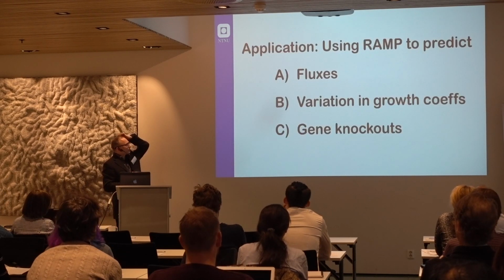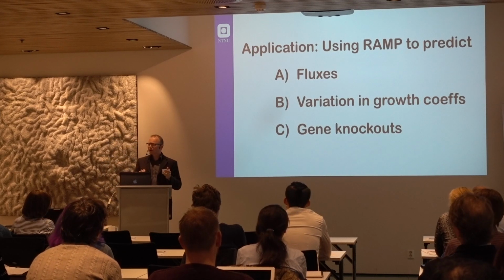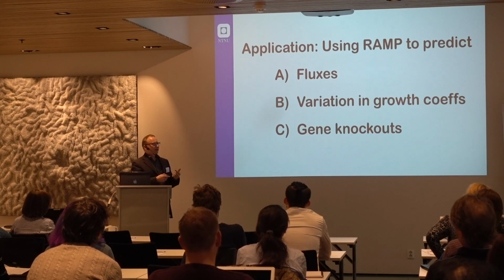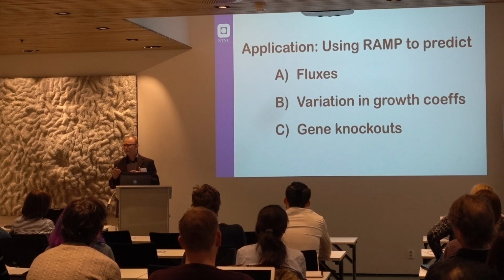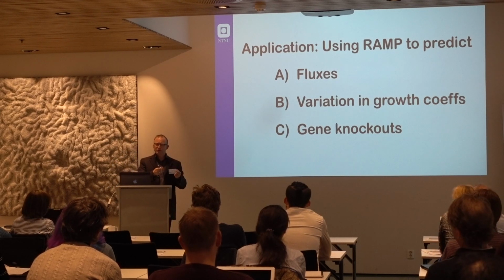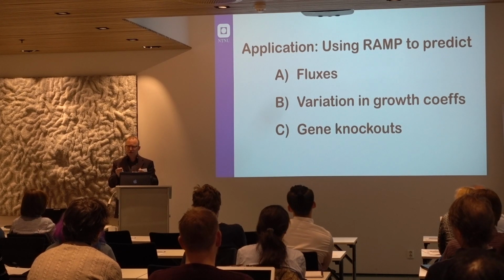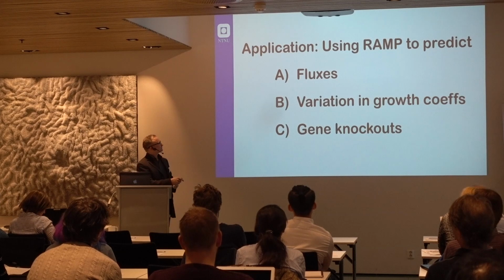Now, I'll go to some applications of RAMP, because what I've presented so far is purely mathematical considerations. Now, to convert the mathematical framework into a computational model, we have to make choices on exactly how we're going to make different uncertainties incorporated in the system.